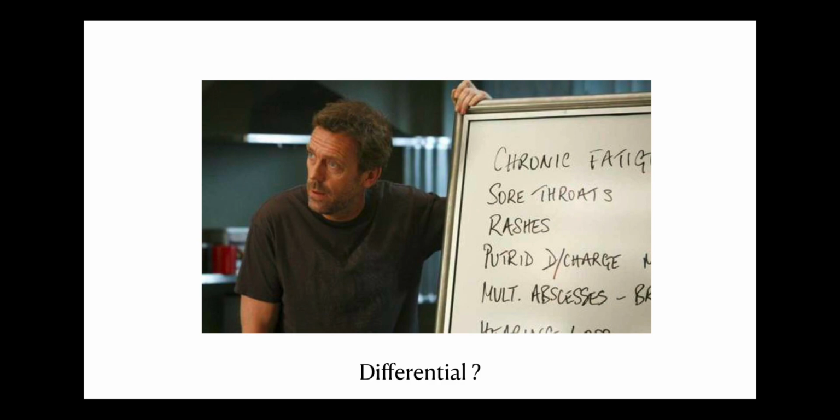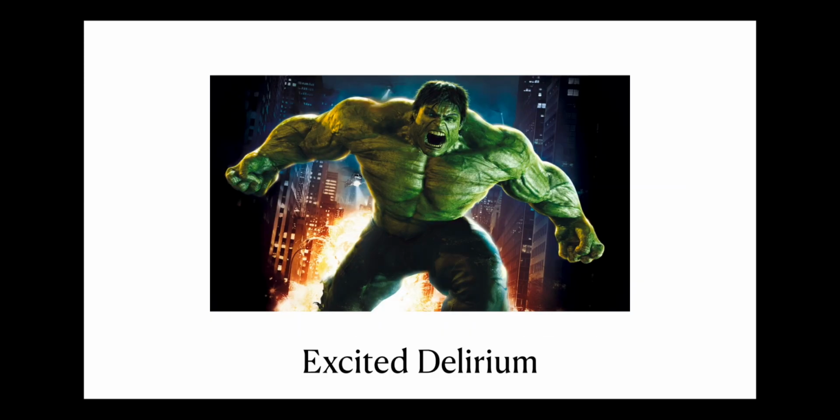Maybe an anxiety attack. Maybe a psychosis. How about maybe an excited delirium? Maybe, like I said, anxiety. How about panic attack? There are a lot of various options that you could have. In our case today, it's going to be the excited delirium.